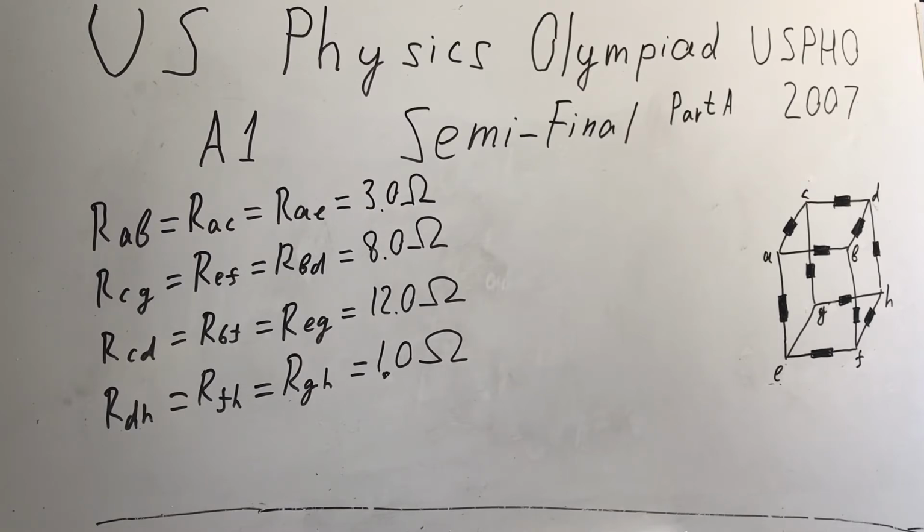For the same reason, if we disconnect something and as a result the two new points have the same potential, we didn't change anything either. So those are two tricks to solve problems with some symmetry.